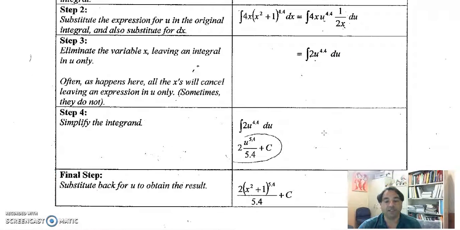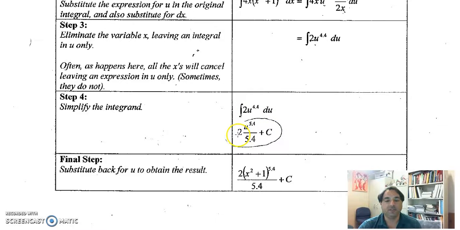Now, please understand, we just did the substitution, so now we're in terms of u, but we have not taken the integral. To take the integral of 2 times u to the 4.4 du, the 2 stays in front. To take the integral of u to the 4.4, we add 1, which is 5.4, and divide by it. So we have 2 times u to the 5.4 divided by 5.4 plus c.